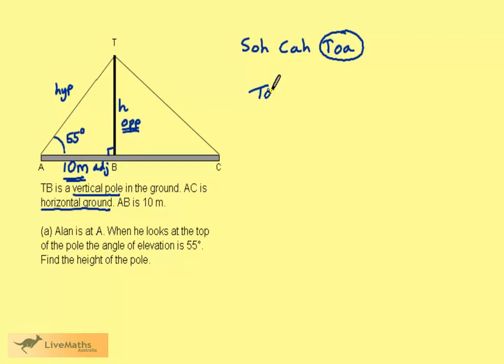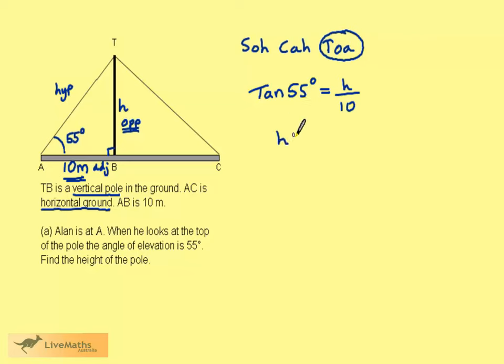So working from the definition, we get that the tan of 55 degrees is equal to the opposite, which is h, divided by the adjacent, which is 10.